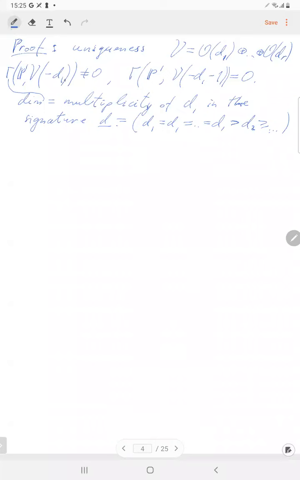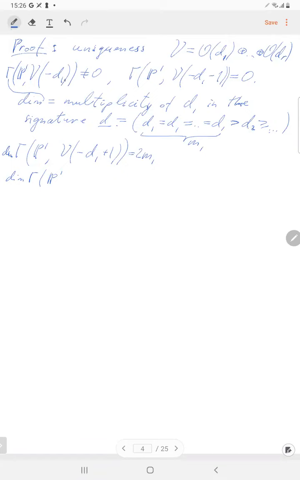Because if you twist it by D1 plus 1, then the dimension will be, let's say this is m, 2m, and so on. Maybe I should call it m1.